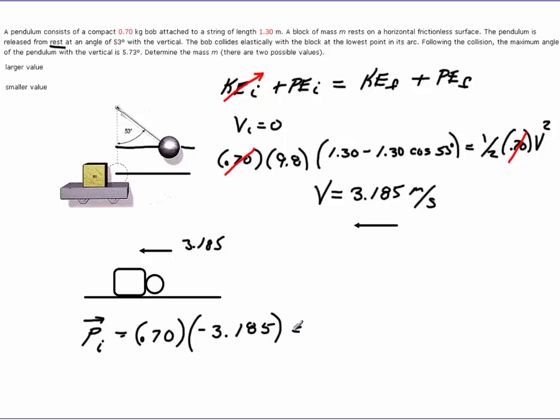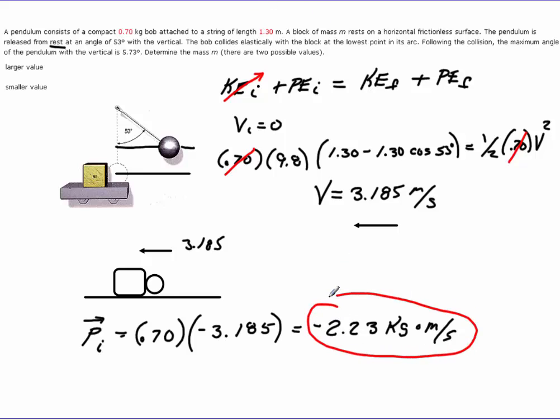Okay, run that through the calculator real quick. 0.7 times 3.185 gives me a value of negative 2.23 kilogram meters per second. Okay, so that's my initial momentum. Now by the conservation of momentum, we know that the final momentum must be the same. So the final momentum must also equal minus 2.23 kilogram meters per second.